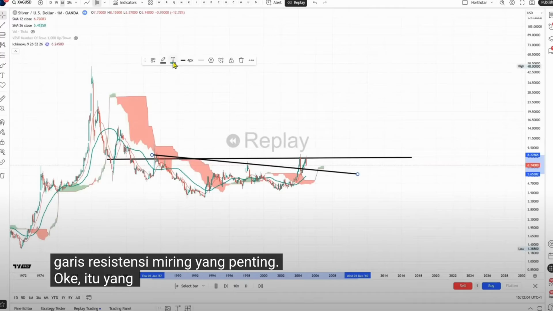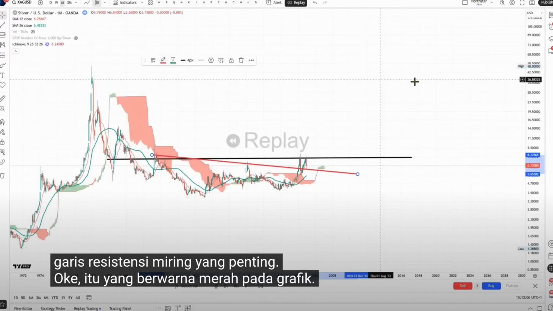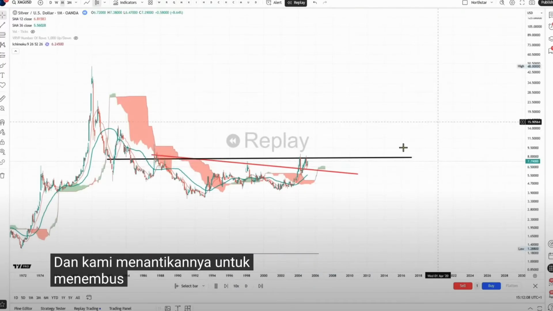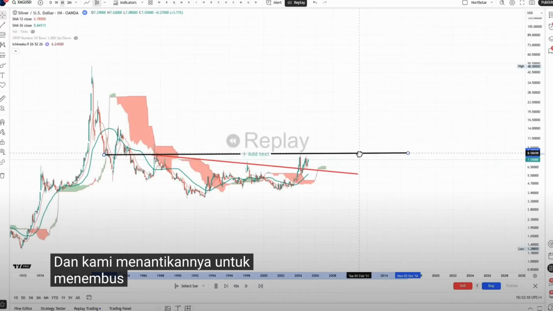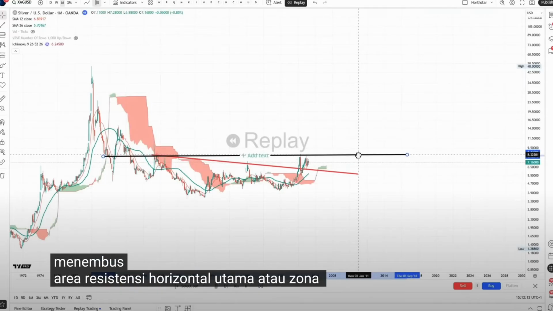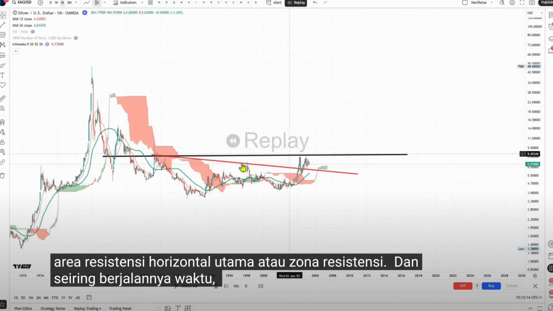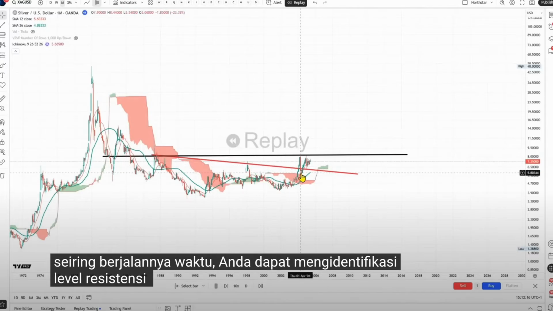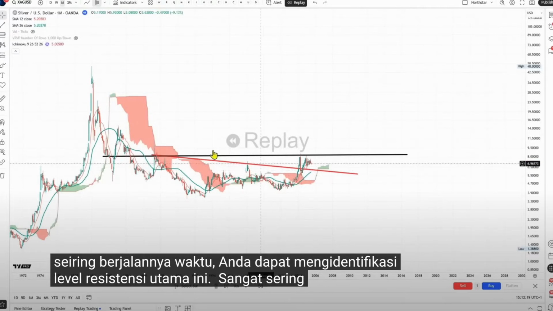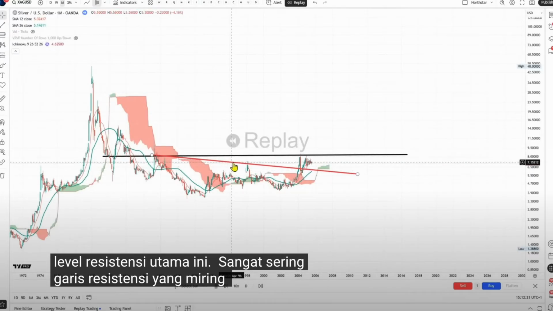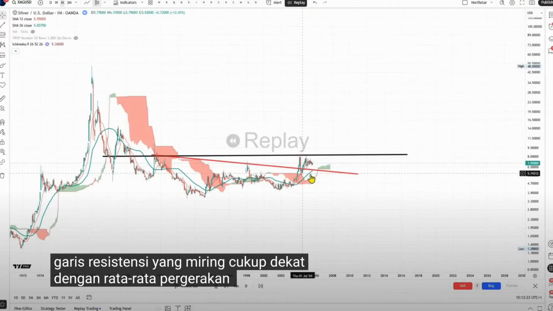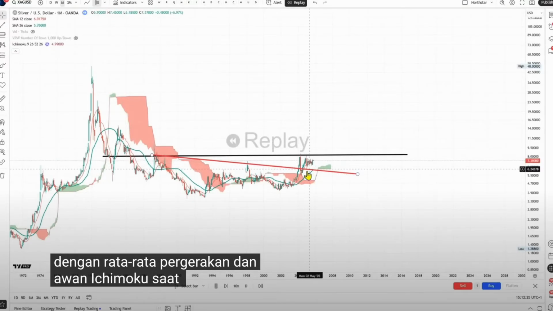Okay, that's the red one on the chart. And we're looking for it to break out through a key horizontal resistance area or resistance zone. And as time goes by, you can identify these key resistance levels. Very often the sloping resistance line is quite close to the moving averages and the Ichimoku cloud when it begins to break out.